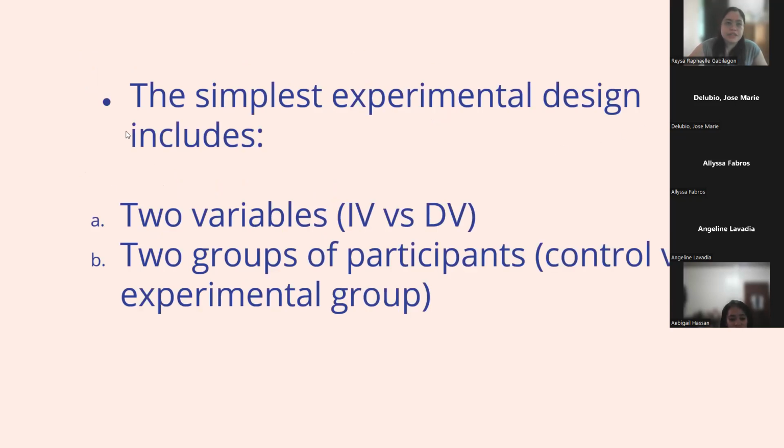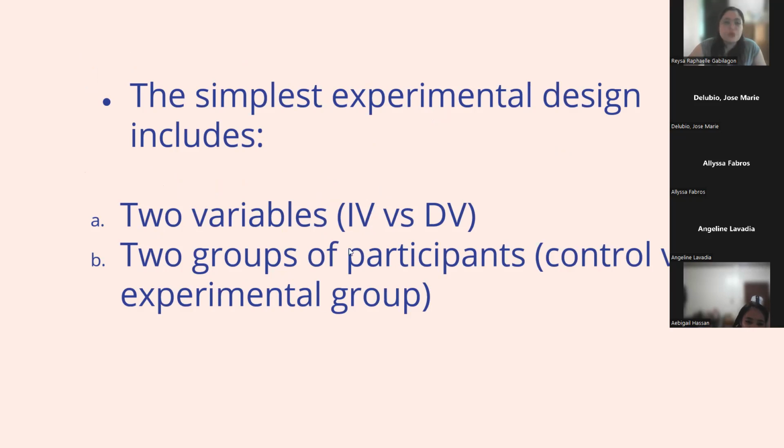Yan yung nag-euthanize tayo. Okay, so the simplest experimental design includes at least two variables. We have the independent and the dependent variables. Sabi ko kanina, independent variables are our predictor variables. So they will predict what will happen to the dependent variable. So the outcome is the dependent variable.